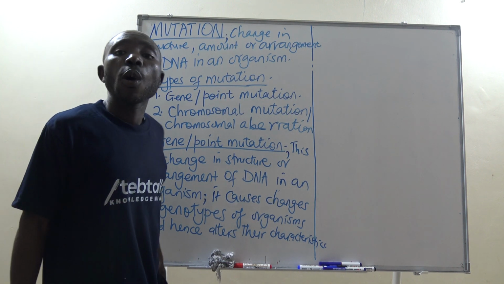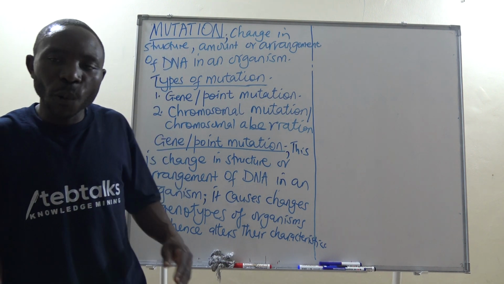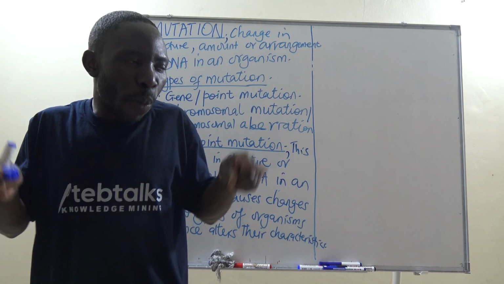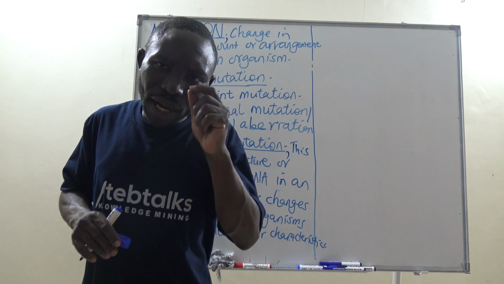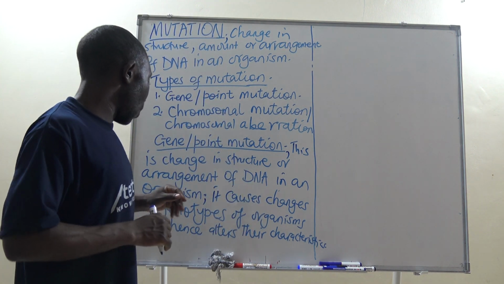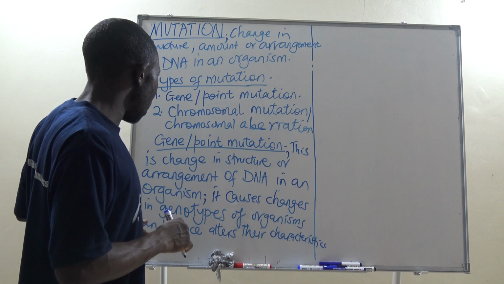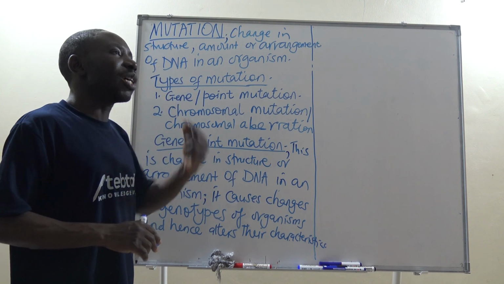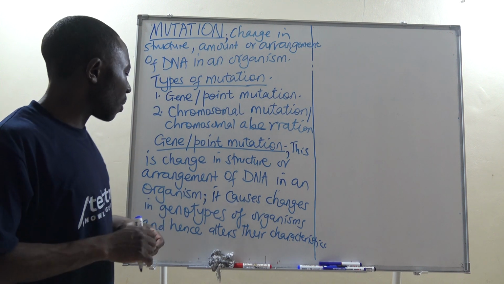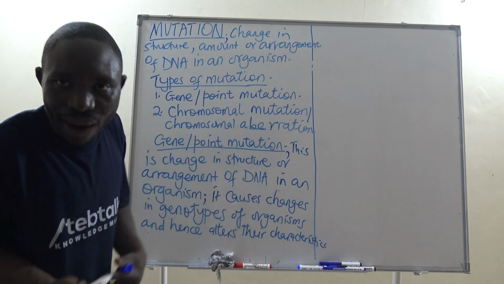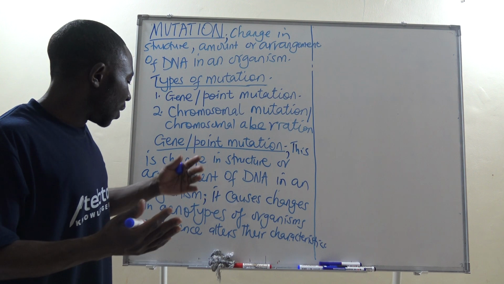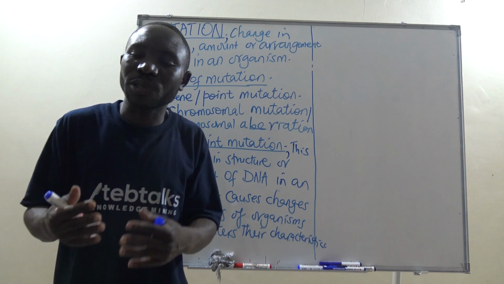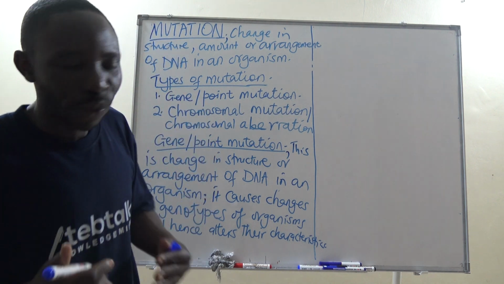Also, we have mutations which occur in somatic cells, body cells. That kind of mutation is called somatic mutation, and such a mutation is not inherited by the offspring, but rather the changes are transmitted to the daughter cells during mitosis.